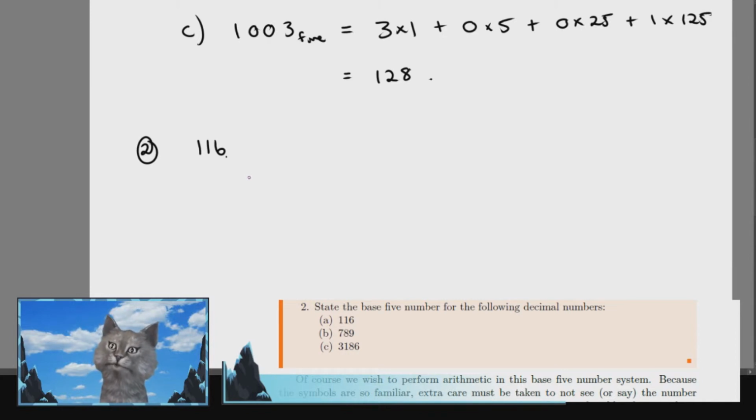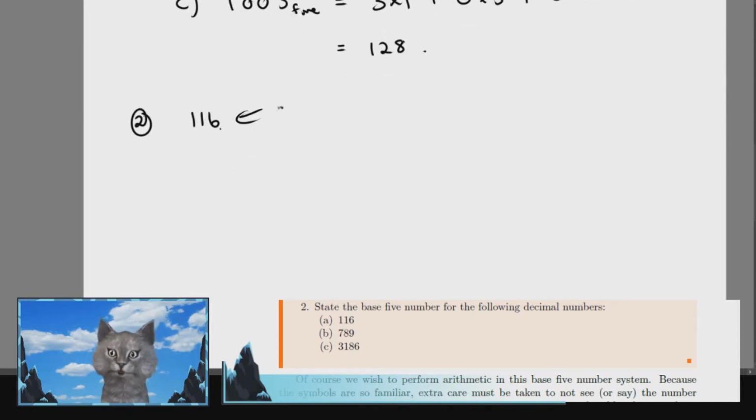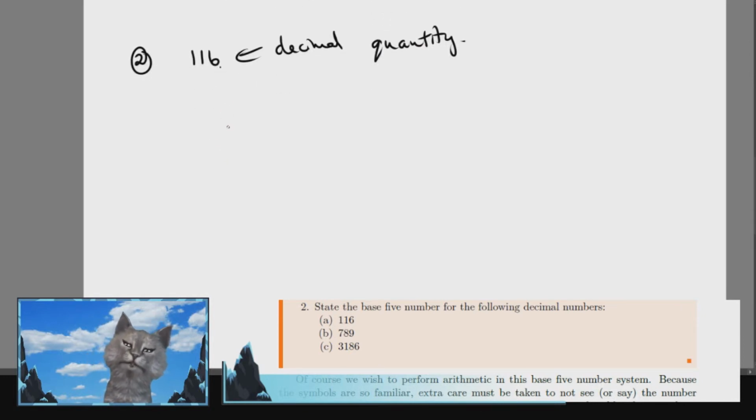I'd like to propose a little table to just keep things structured and organized. So this is my decimal quantity. I want to represent that as a base 5 number, which means I have to break it up into pieces.